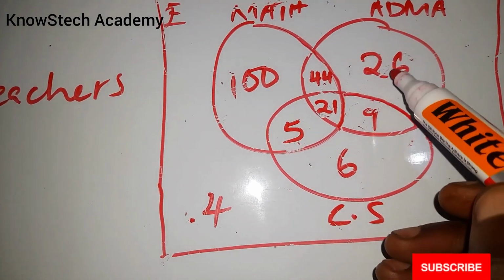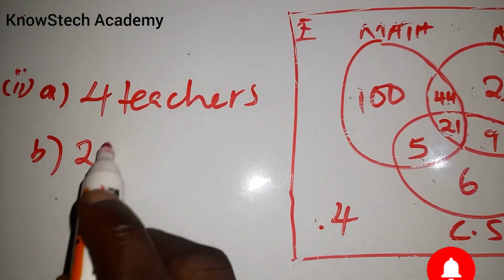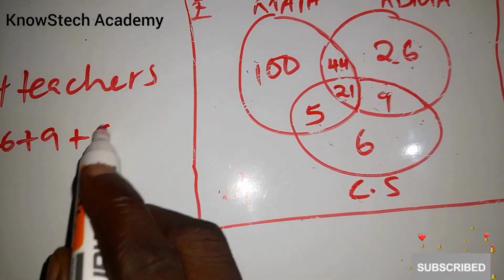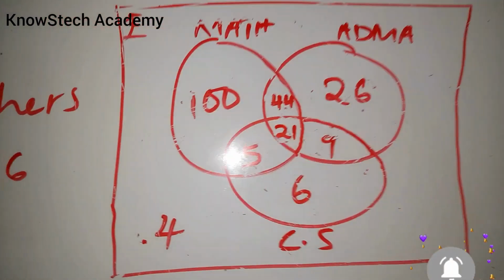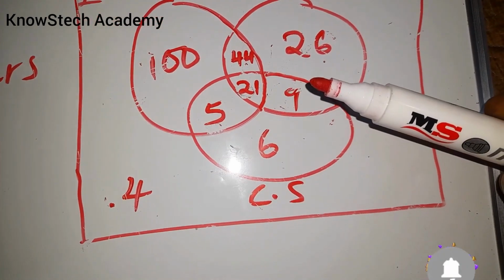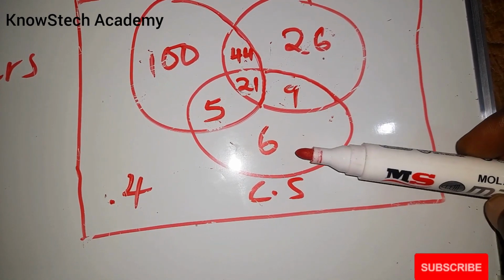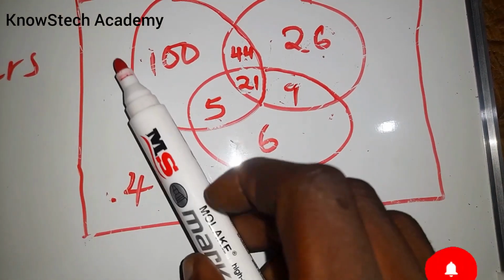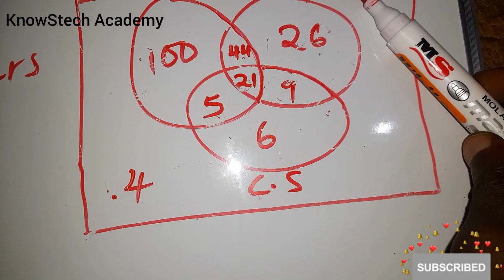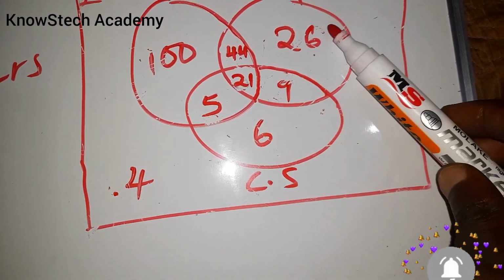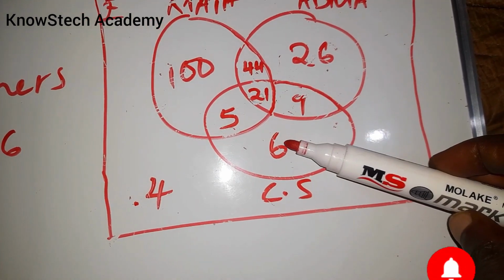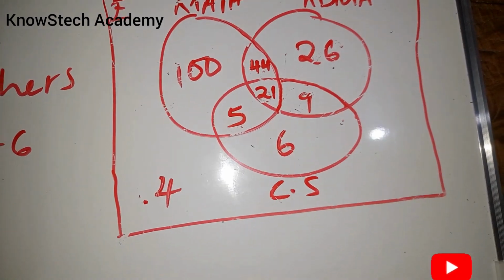So they were 26 plus this 9 plus 6. Now let me explain. The question is, how many teachers taught additional mathematics or computer science but not mathematics? So 26 taught additional mathematics only, 9 taught both additional mathematics and computer science, 6 taught computer science only. So you add 1, 2, 3 numbers.